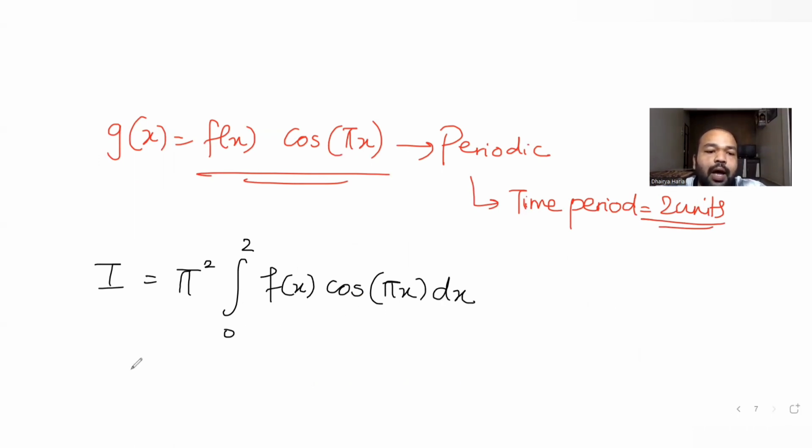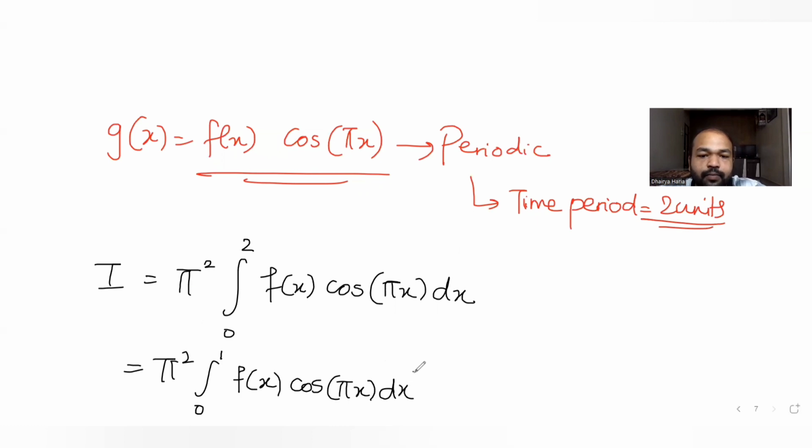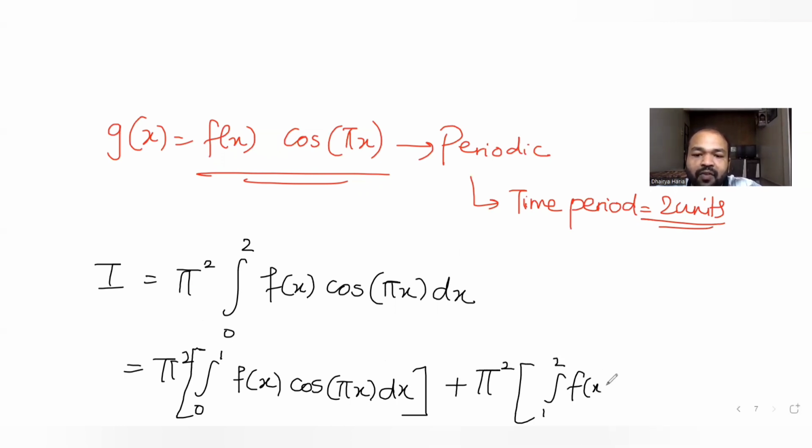Now, since f is a greatest integer function from 0 to 1, there is another idea followed, so I can split it as the integral from 0 to 1 of f of x cos pi x dx, and pi square times the integral from 1 to 2 of f of x cos pi x.